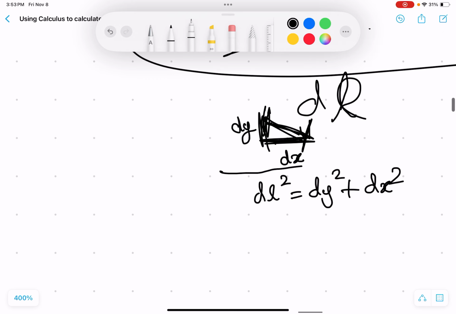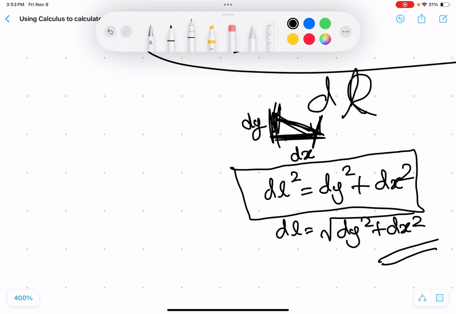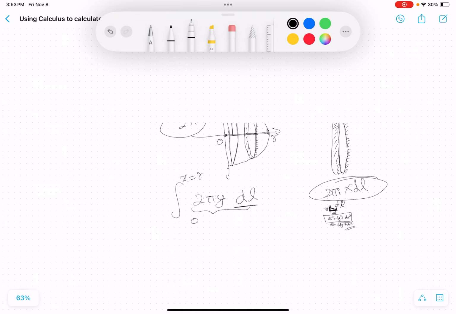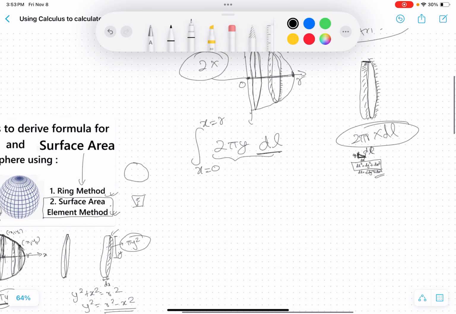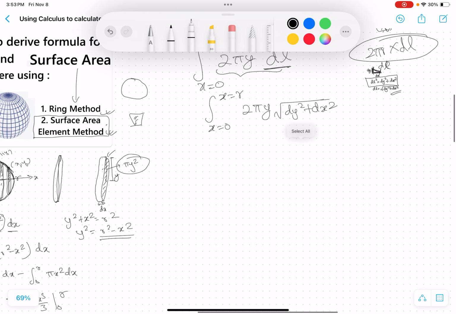Now after that, dl will just be square root of dy square plus dx square. That's an interesting observation. So this will just be the integral from x equals 0 to x equals r, 2 pi y times dl, which is square root of dy square plus dx square. Since the limits are in terms of x, we will try to bring the x outside.